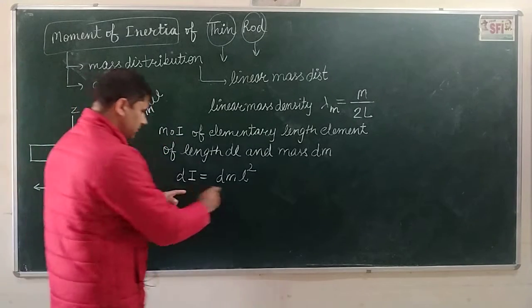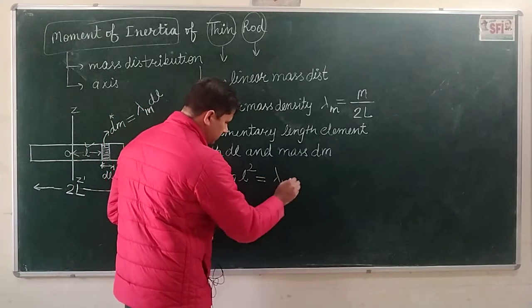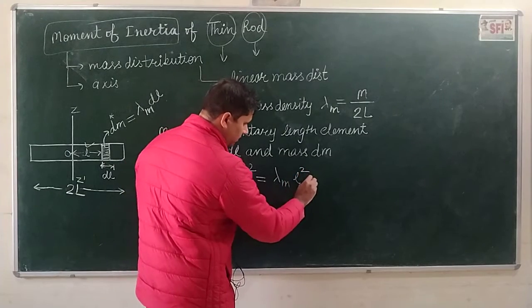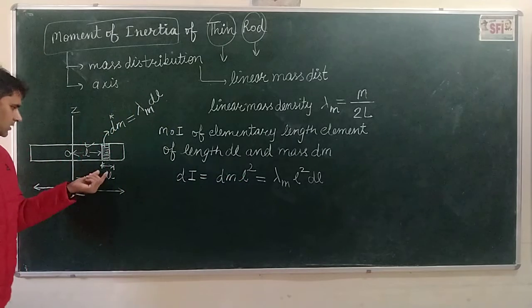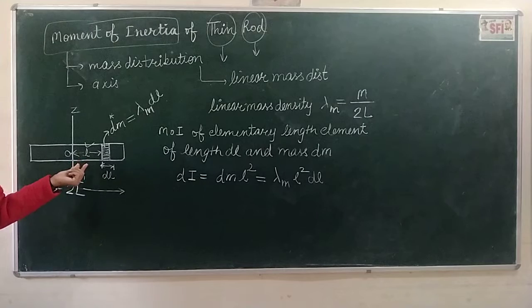So if you substitute, you will get lambda m into l square into dl. So this is the moment of inertia of this length element which is at a distance of small l from the axis of rotation.